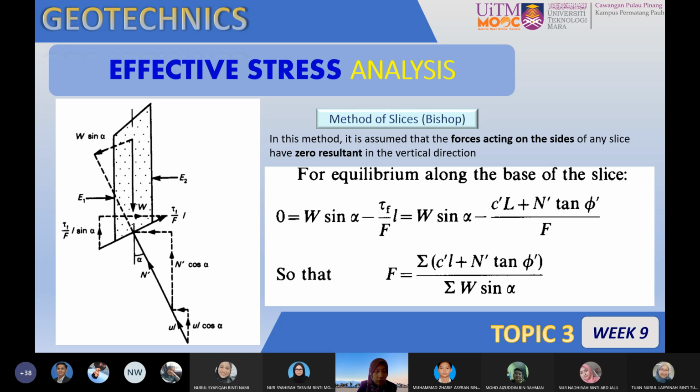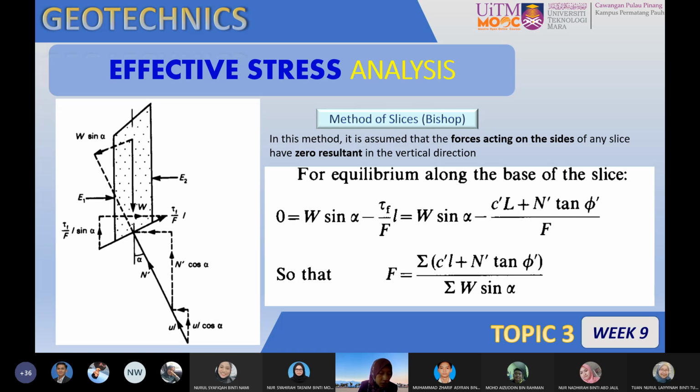So we have W sin alpha minus shear stress at failure over F times L. So W sin alpha minus effective C L plus effective N tangent phi over F. We are looking for F because we want to find the factor of safety. So rearranging the formula, this is the final FOS that we have.